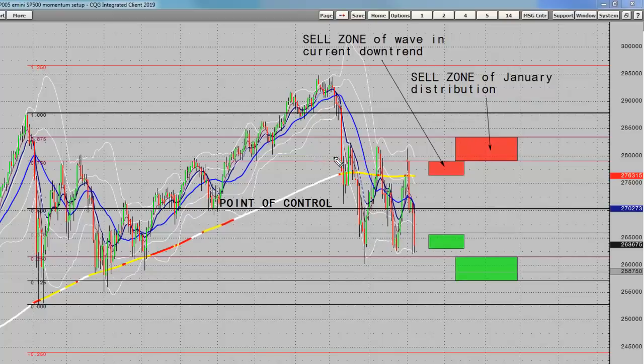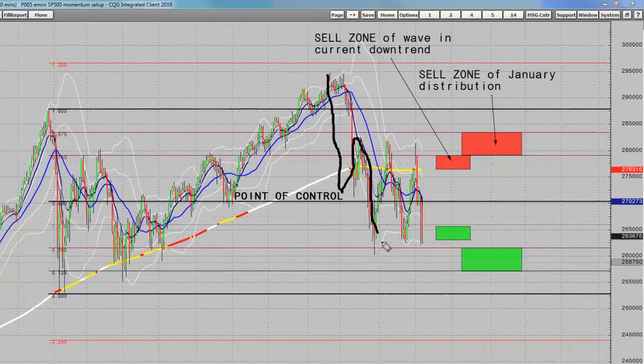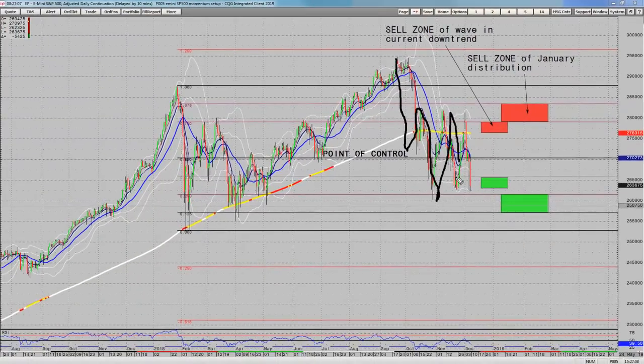Also, if we look at how waves develop, we can also use that to our advantage by looking at this development of waves here.